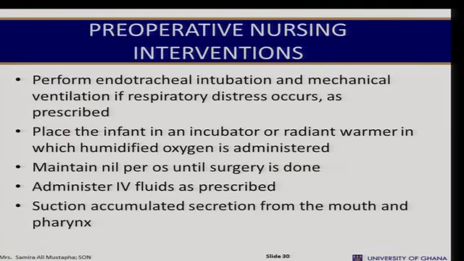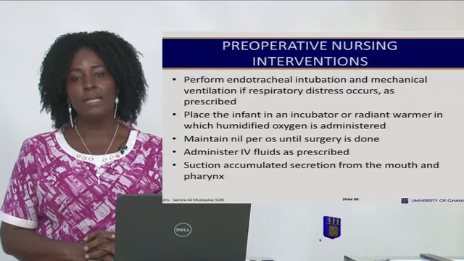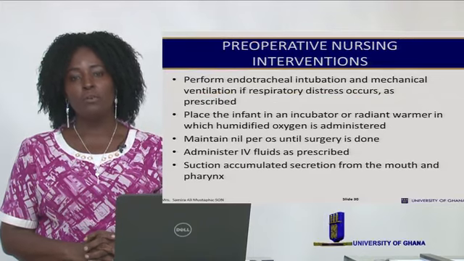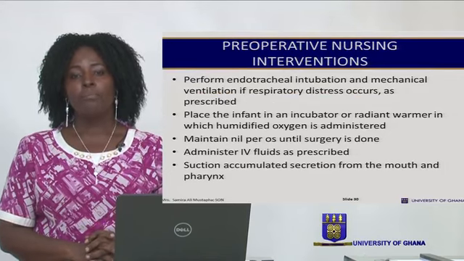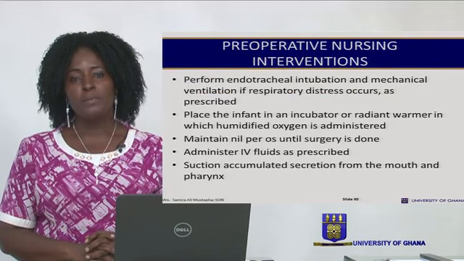Post-operative nursing intervention: perform endotracheal intubation and mechanical ventilation if respiratory distress occurs, and also place the infant in an incubator for warmth, and provide humidification of air to help expectorate where necessary.